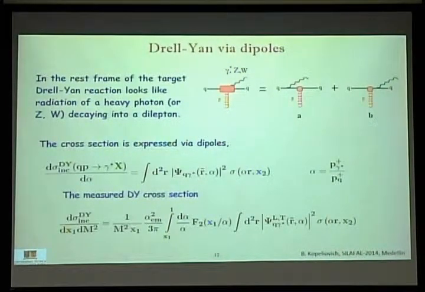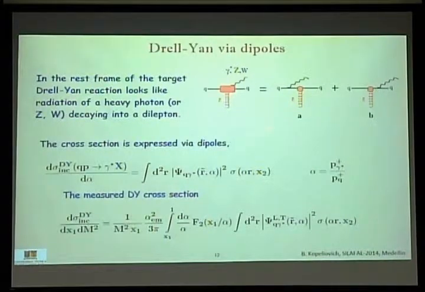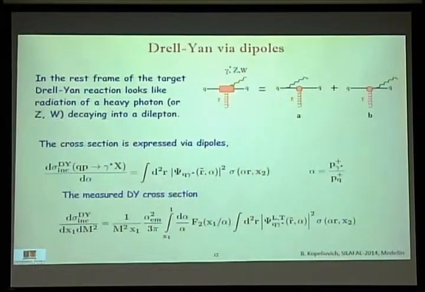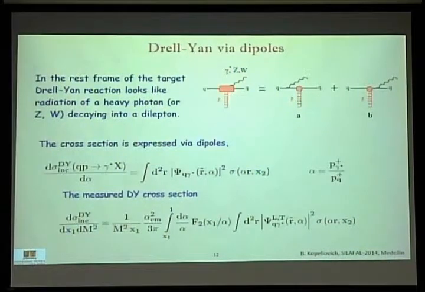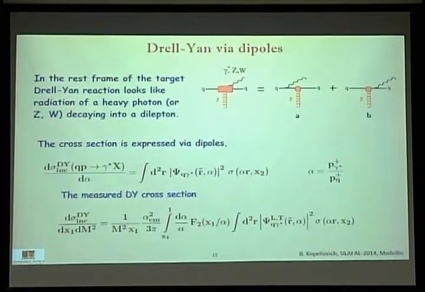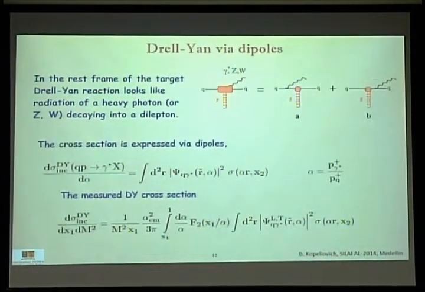So the projectile quark from the beam can radiate a heavy photon, and this heavy photon, or gauge boson, decays to a heavy dilepton. And this heavy photon can be radiated before or after interaction. And when you square this amplitude, you notice that the impact parameter position of this quark before radiation and after radiation are different, because by radiating a photon, the quark gets a transverse kick and changes impact parameter. So we have a different impact parameter in the final state compared to the initial state.